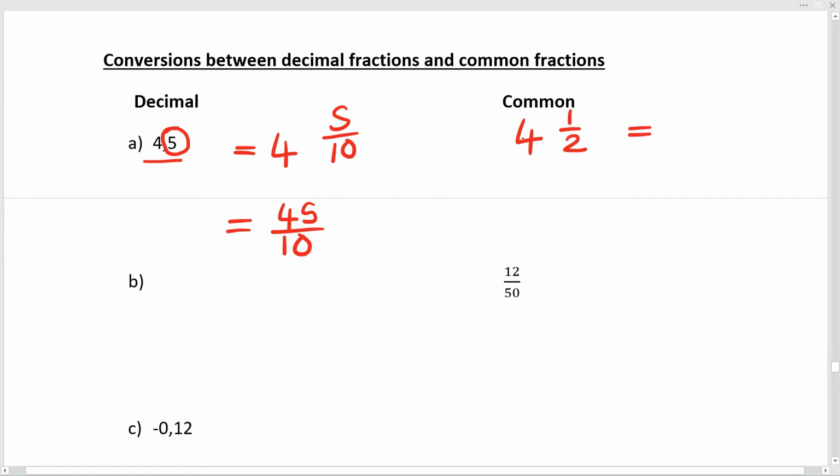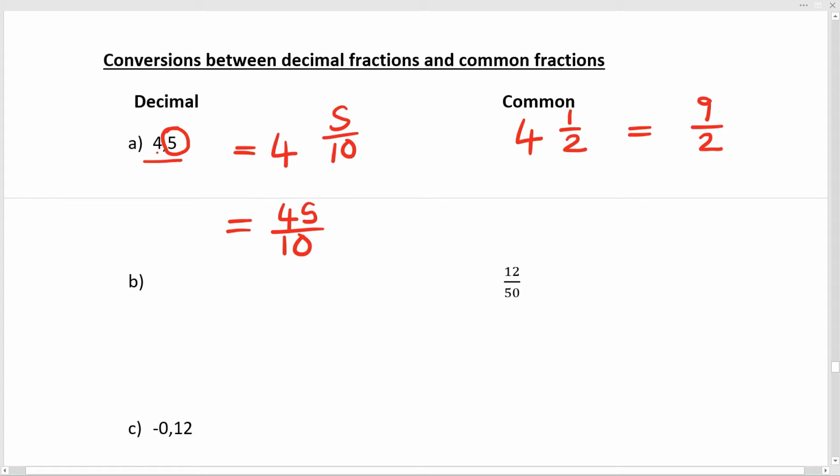So 2 times 4 is 8, plus 1 is 9 over 2. So that's how we went. We went decimal to mixed number that wasn't simplified, mixed number that was simplified, and then into an improper common fraction.